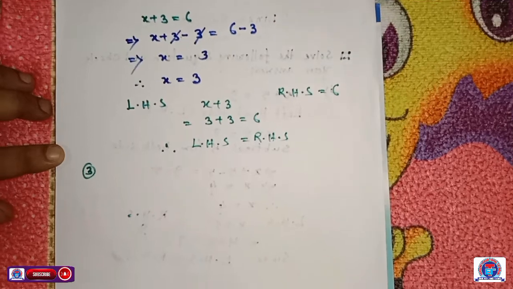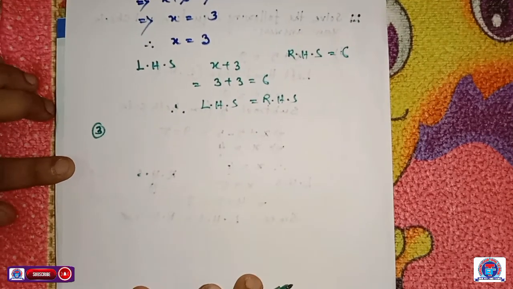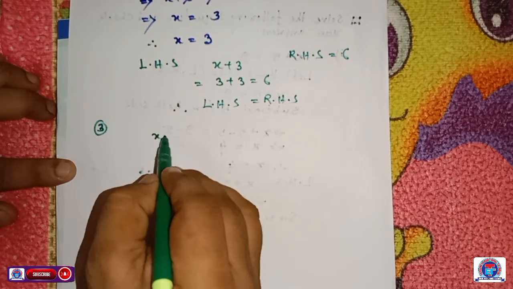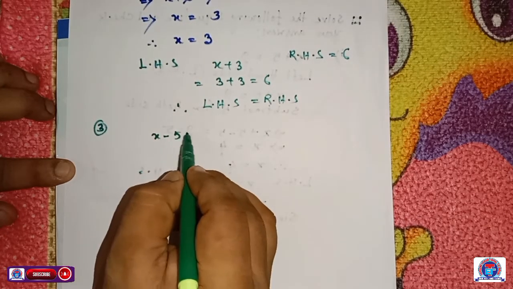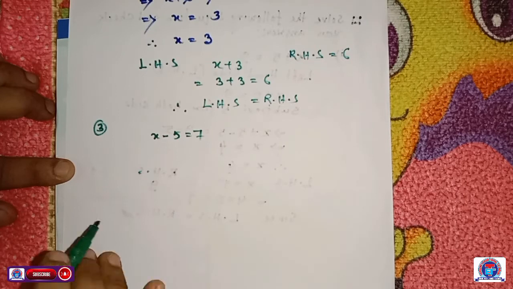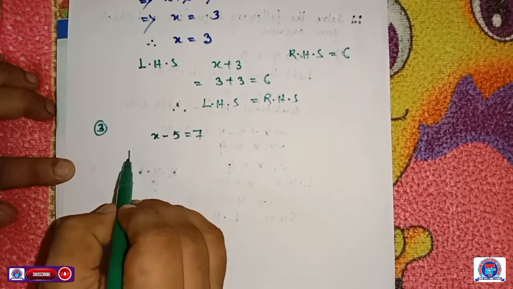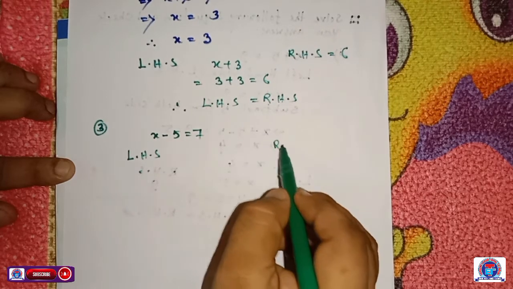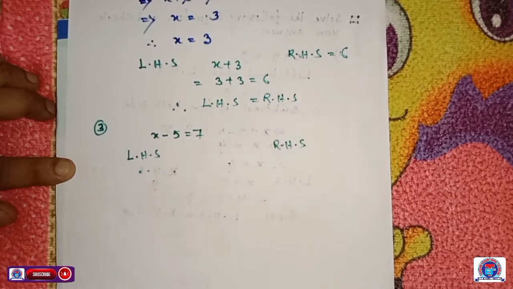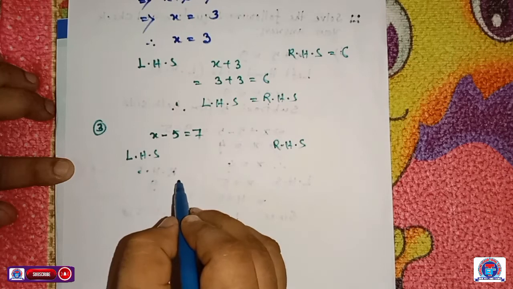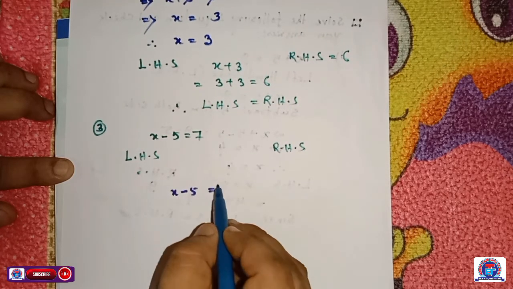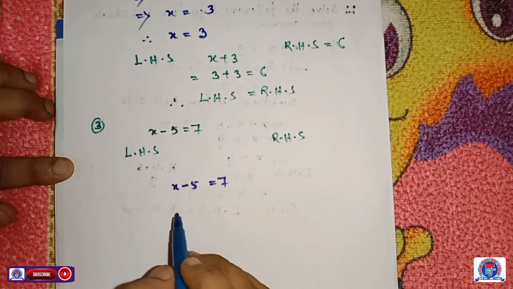My dear student, here we solve another mathematical problem, that is given x minus 5 is equal to 7. So this one left hand side and right hand side. So here it is given x minus 5 is equal to 7. Correct?